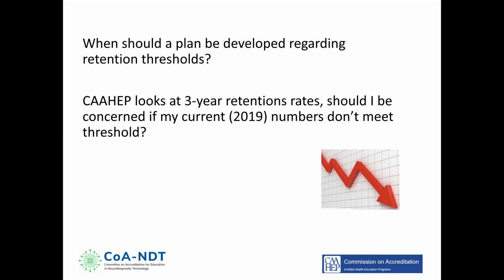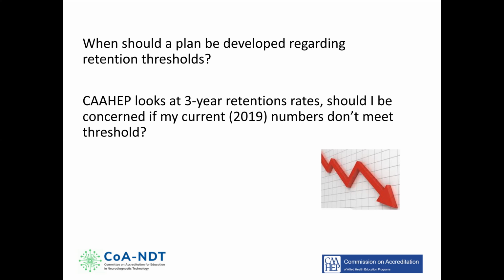One of the things you'll notice too is that if you're meeting the threshold year after year, we're perfectly fine, and you get the letter that says we congratulate you, you met all of your outcomes thresholds.